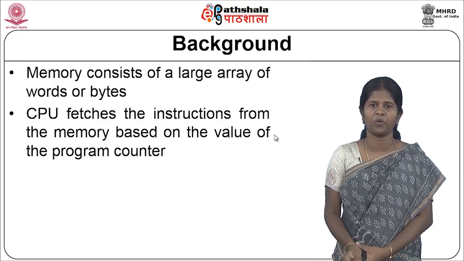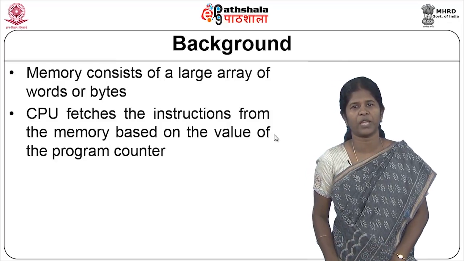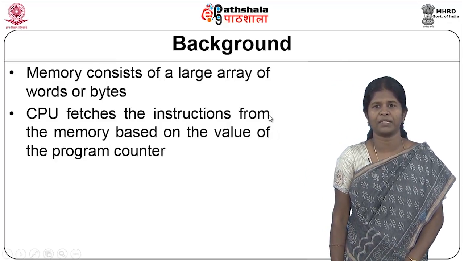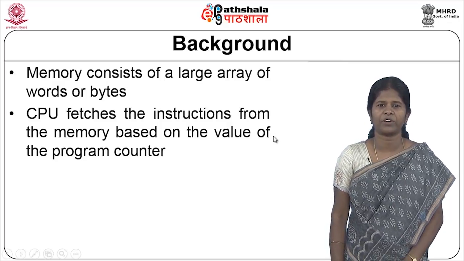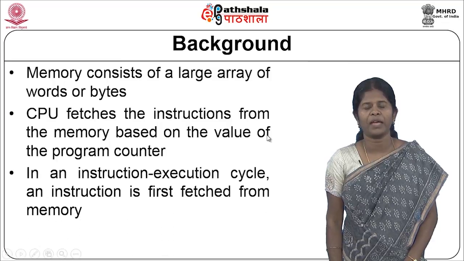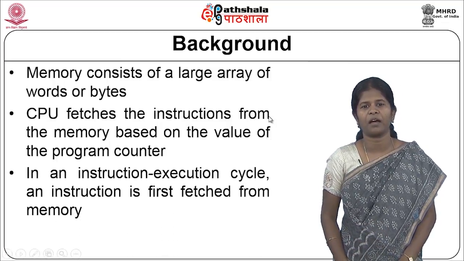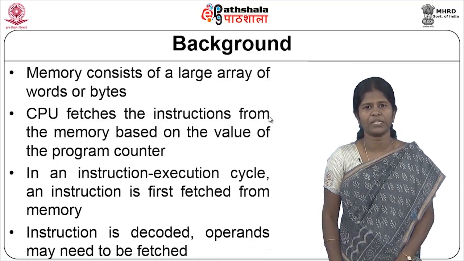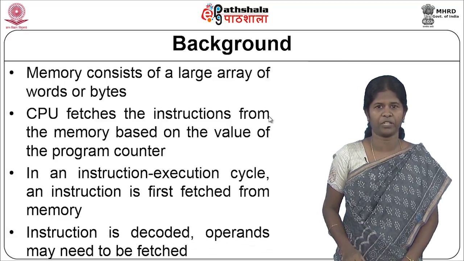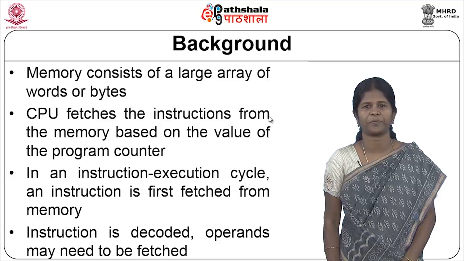The program counter will have the address of the next instruction to be executed, and that instruction should be taken from the memory. This instruction is decoded, and the operands needed for the execution of that instruction also have to be fetched from the main memory.